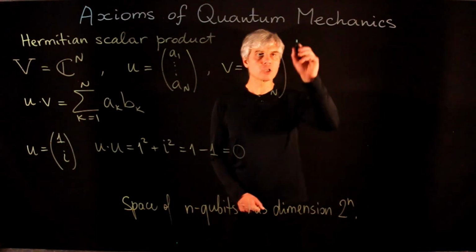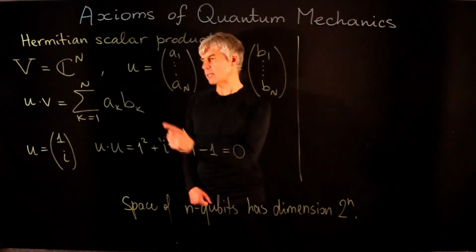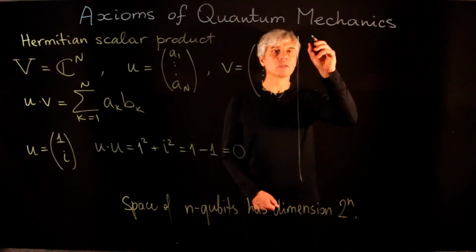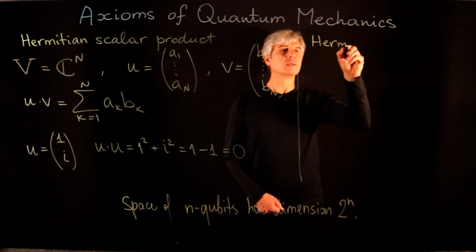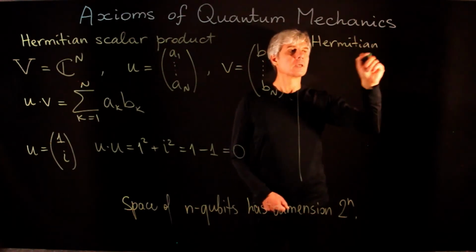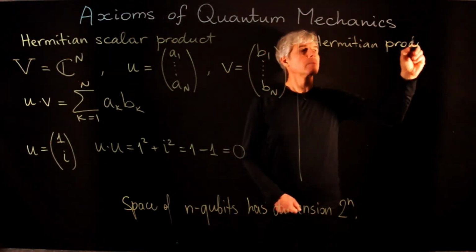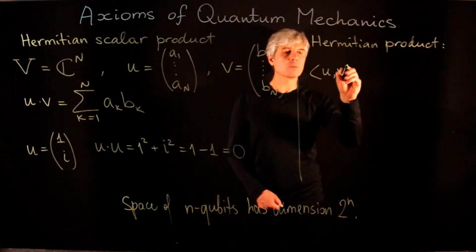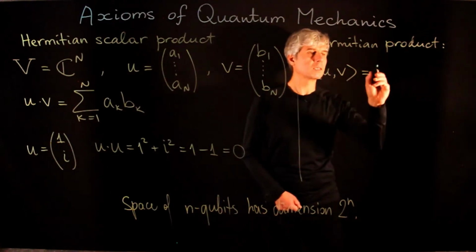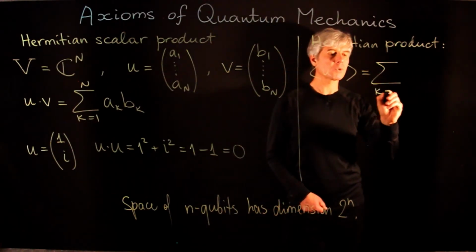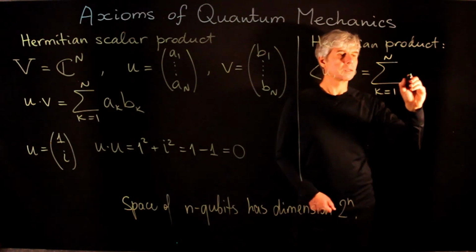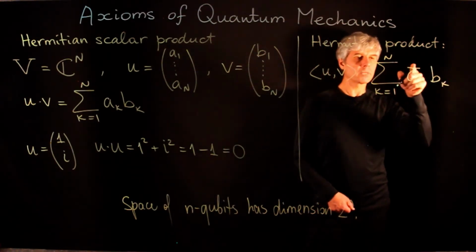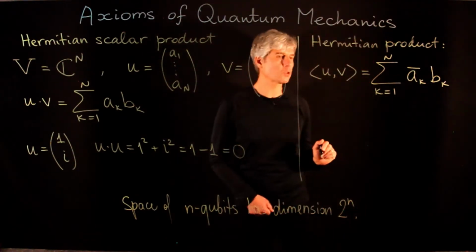And we fix this situation by replacing the usual dot product with the Hermitian scalar product. So the Hermitian product is defined in this way. The Hermitian scalar product of u with v is the sum k goes from 1 to n of a_k bar times b_k, where this bar stands for complex conjugation.